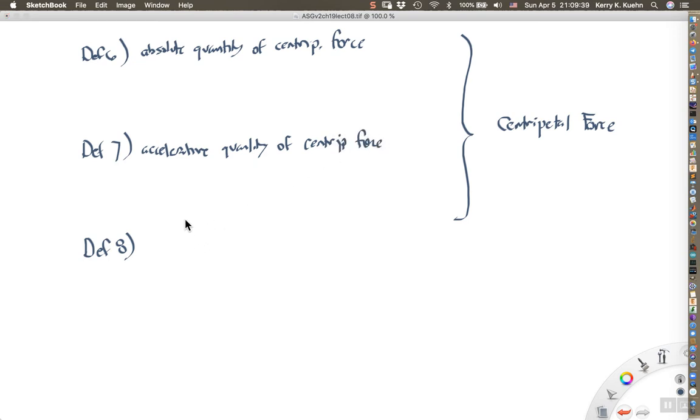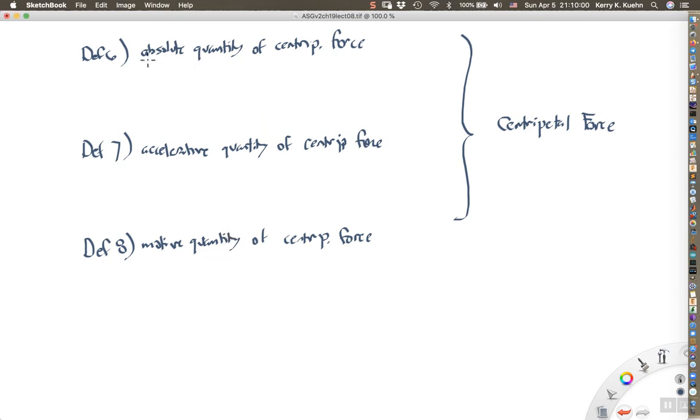And he talks about the motive quantity of centripetal force. Whenever he talks about quantities, that's kind of a clue that he's going to be talking about how we measure something.